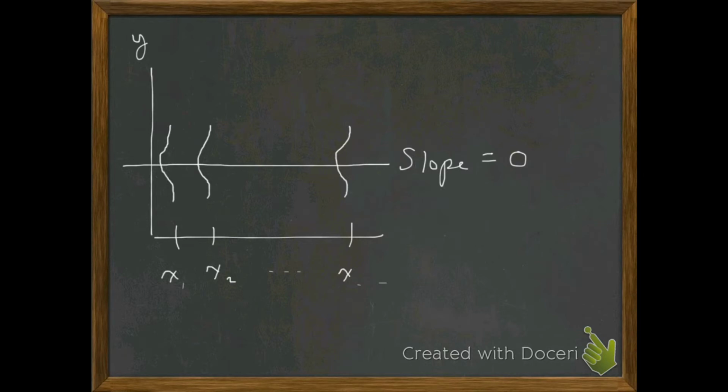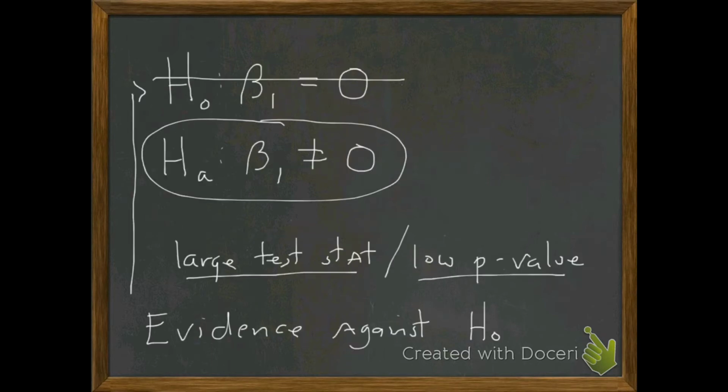Now, if we start to get indication otherwise, then we end up concluding our slope is not equal to 0, which of course is indicated by the alternative hypothesis.